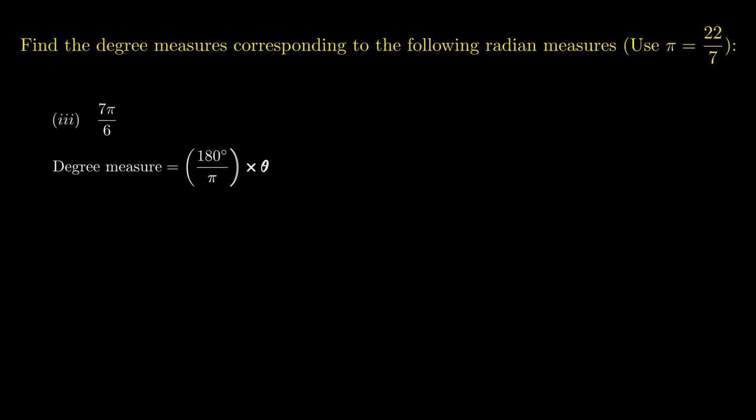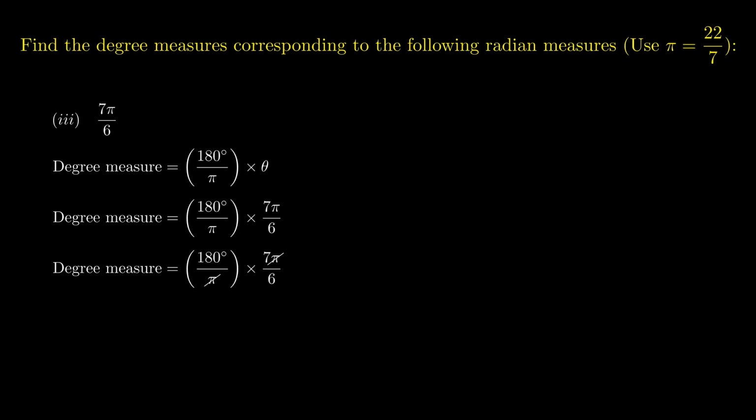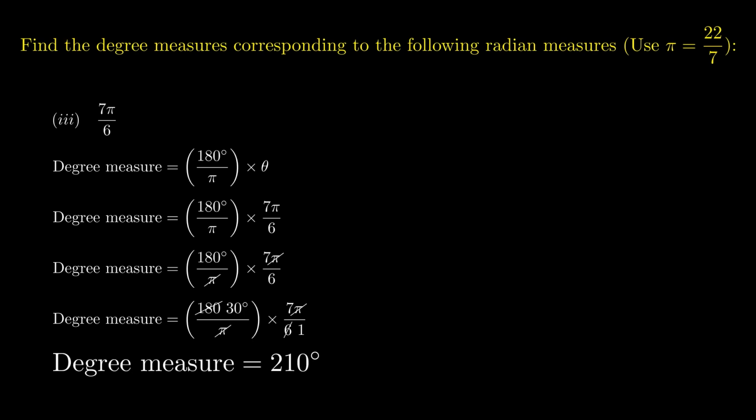Let's write down the formula: 180 by pi times the angle theta in radians. So pi in the denominator cancels with the pi in the numerator. 6 and 180 are divisible by 6, so 6 and 30 times. So the degree measure equals 210 degrees in this example.